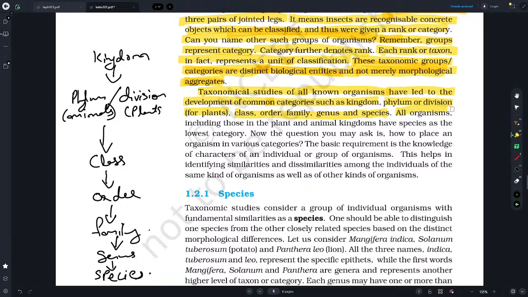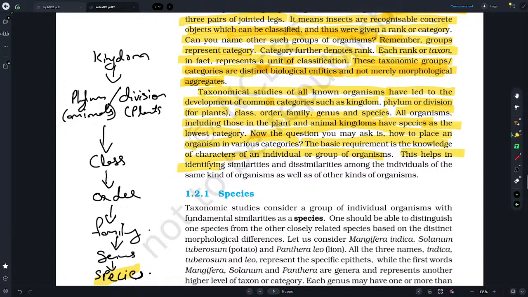All organisms, including those in the plant and animal kingdoms, have species as the lowest category. Now, the question you may ask is how to place an organism in various categories. A basic requirement is a knowledge of characters of an individual or group of organisms.